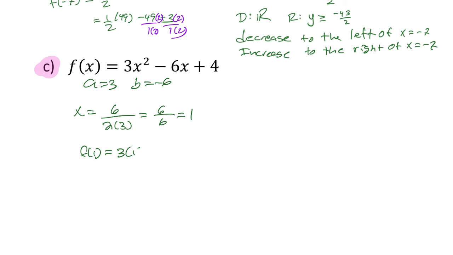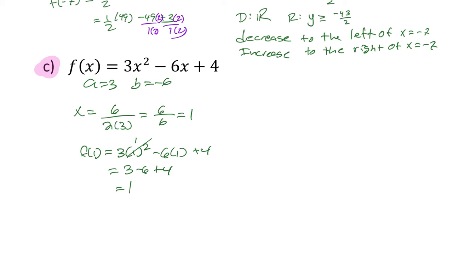So 3 times 1 squared minus 6 times 1 plus 4. So this is 1. So I got 3 minus 6 plus 4. So I get -3 plus 4, which is +1. Let's fix that, +1.